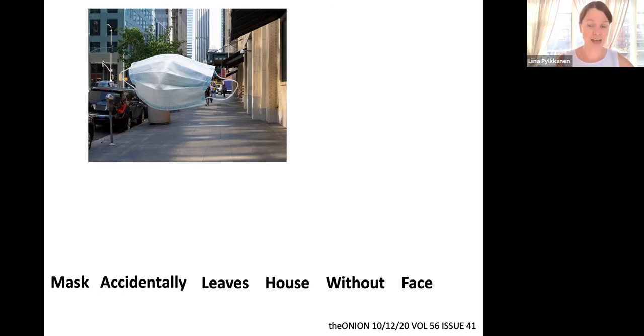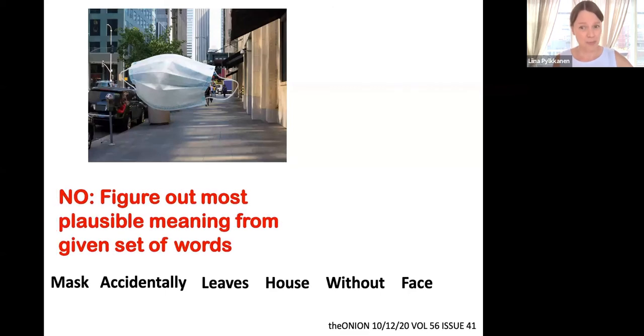Because of course you wouldn't get this very funny meaning out of these words if that was the case. So the way that we interpret sentences does not seem to be figuring out the best fit with our real world knowledge given the particular array of lexical items.